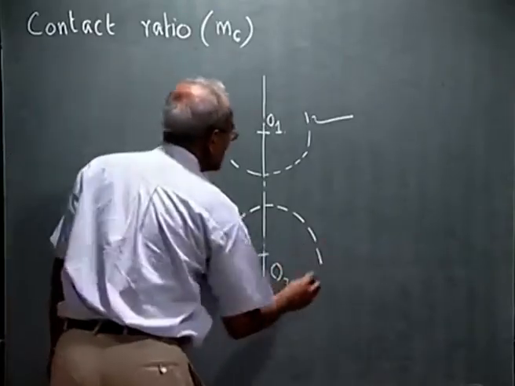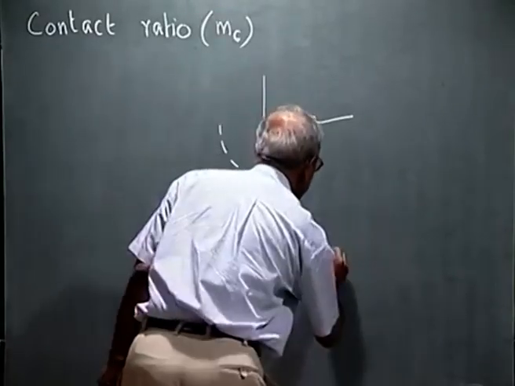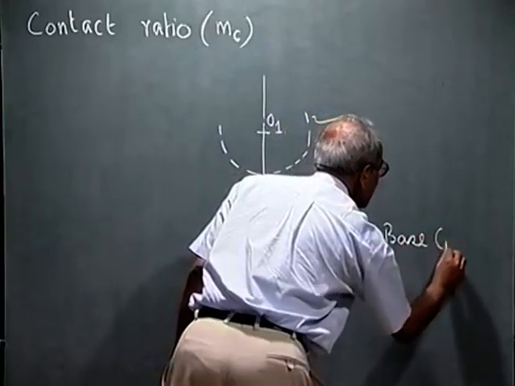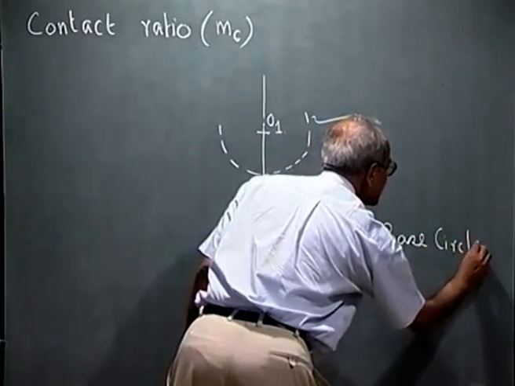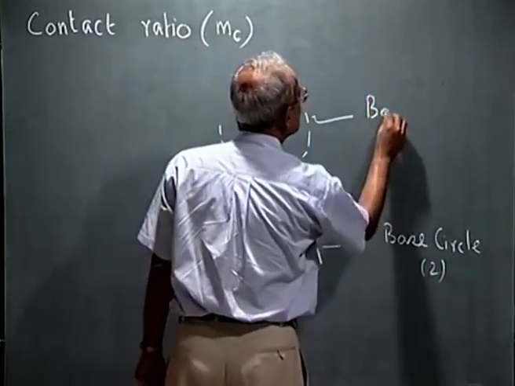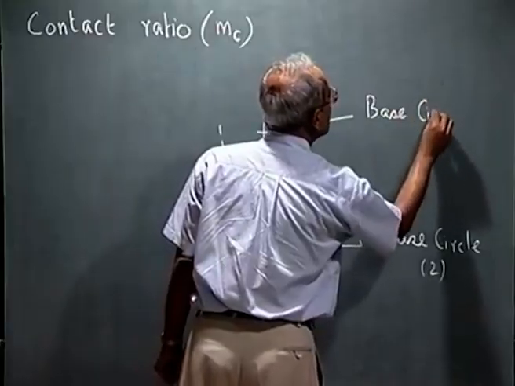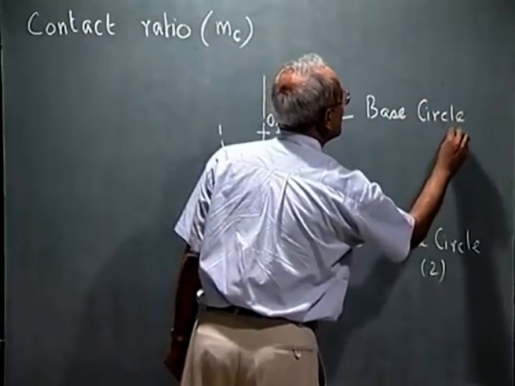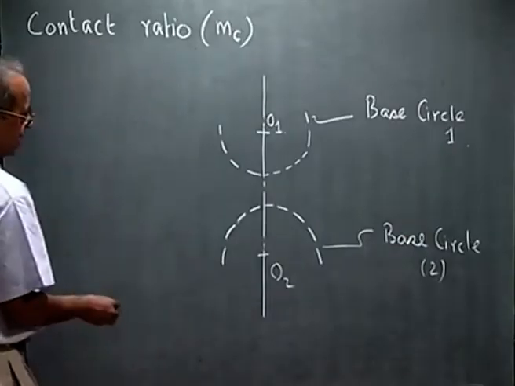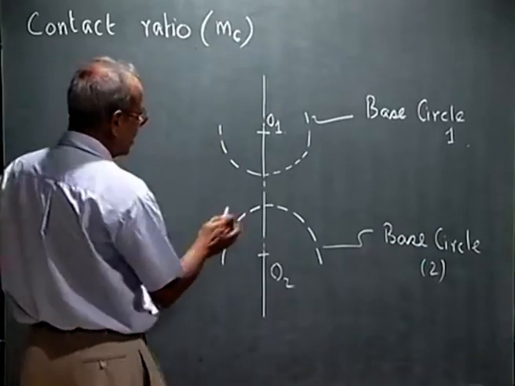This is the other base circle. Base circle 2, this is base circle. If you remember, it is the common tangent to this pair of base circles.